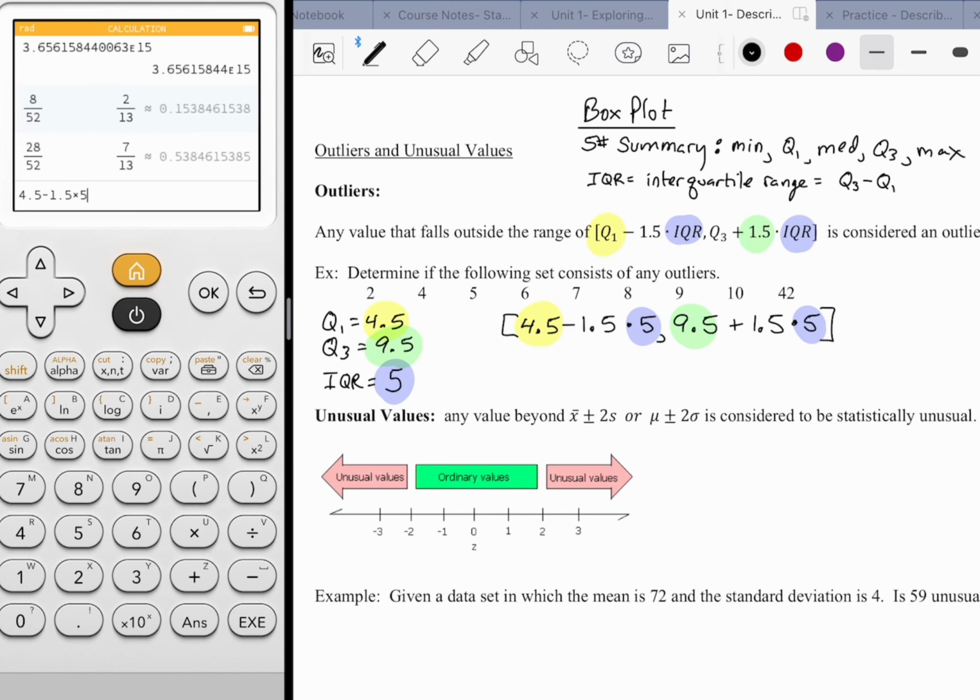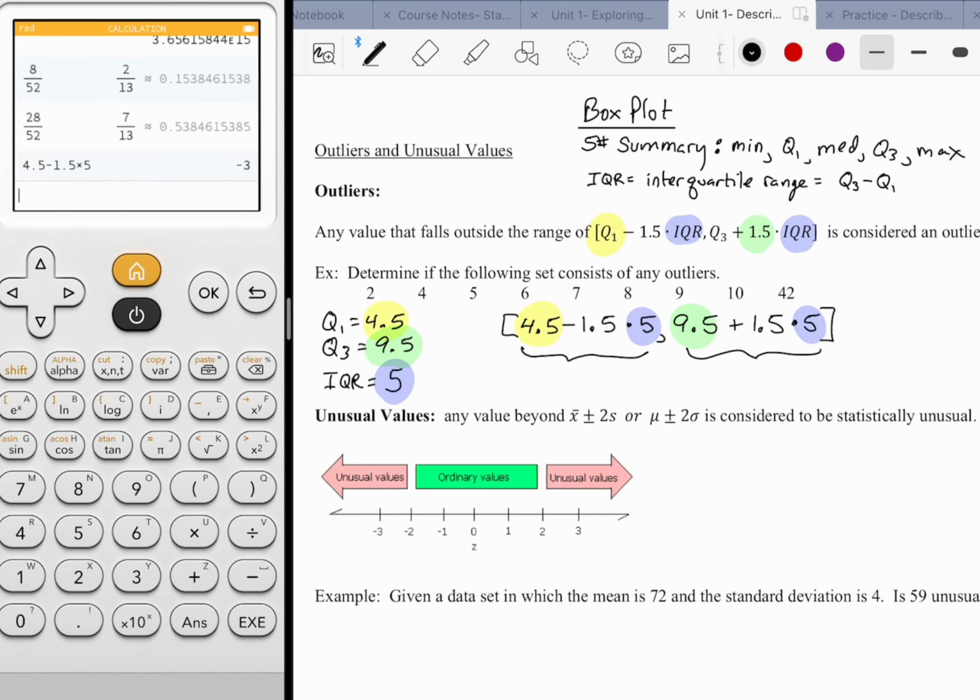Just do the left part as one computation and the right part as another computation. So you get a -3. And if I do 9.5 plus 1.5 times 5, I get a 17.